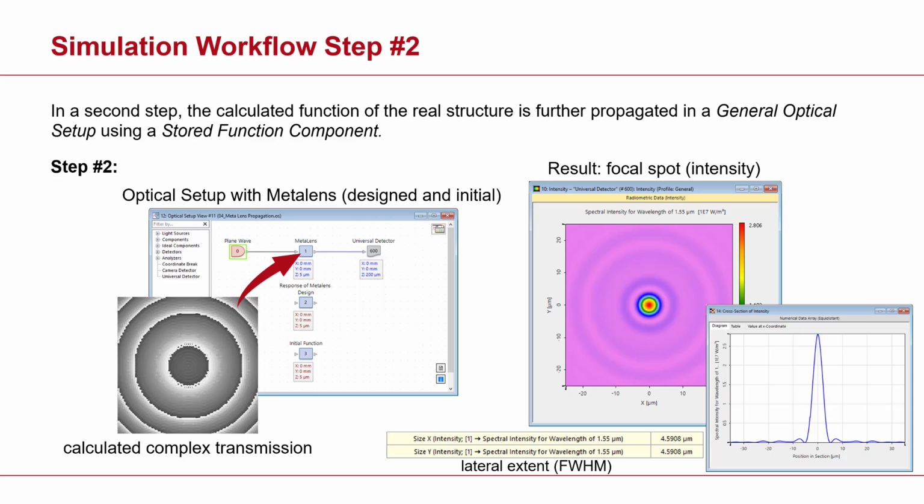And we can also take a look then at the focal spot that is generated if we propagate that complex transmission function into the focus, into the focal plane, and we can again take a look at that PSF, at that focal spot, in this case the intensity.